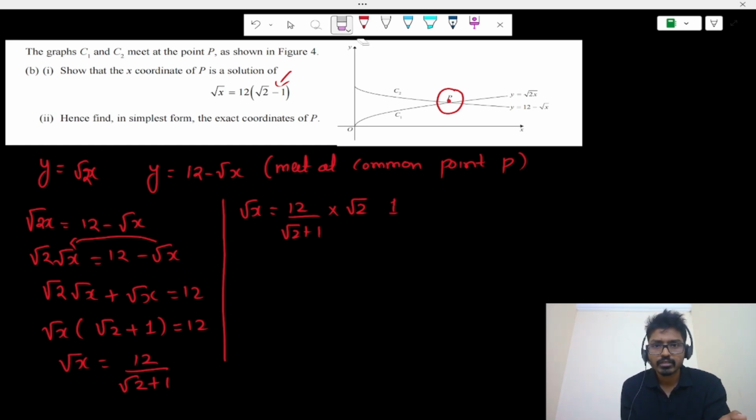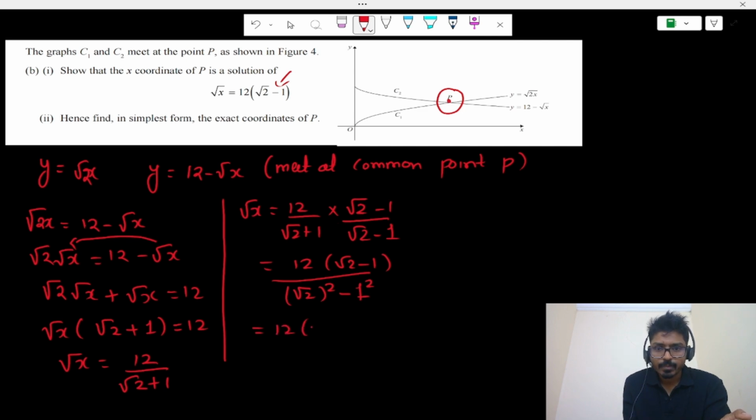Here this is in the form (a minus b)(a plus b), so I can write it as root 2 whole squared minus 1 squared. The square and square root cancel, so 2 minus 1 is going to be 1. So our final answer is 12 times (root 2 minus 1). This could be our answer for B part 1.